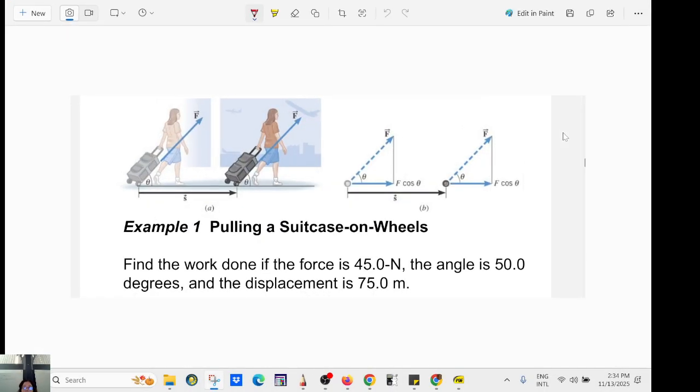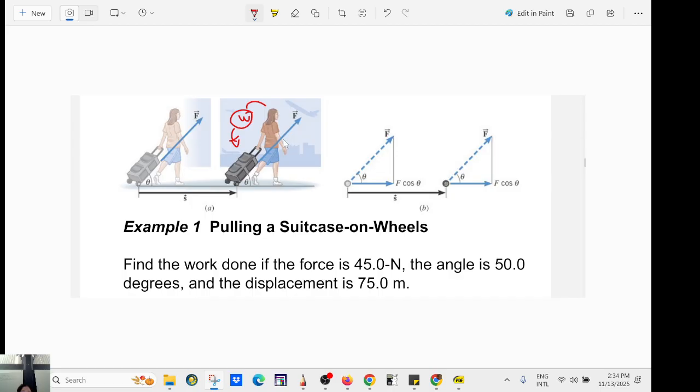So anyway, what about this one? Try to do it, so you can help each other. It will be easier. That's going to be for the final. We are reviewing for the final: work done on a system. So she's transferring energy here.